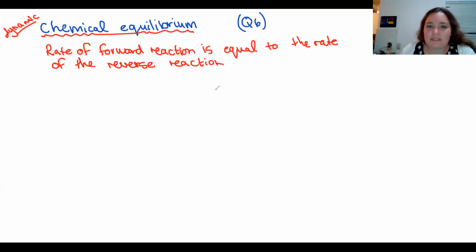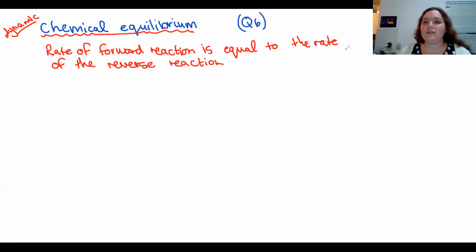Okay, this means, in a simple sense, that your starting materials turn into products at the same rate as your products turn back into starting materials. So we have a situation where the two reactions are happening at the same rate.